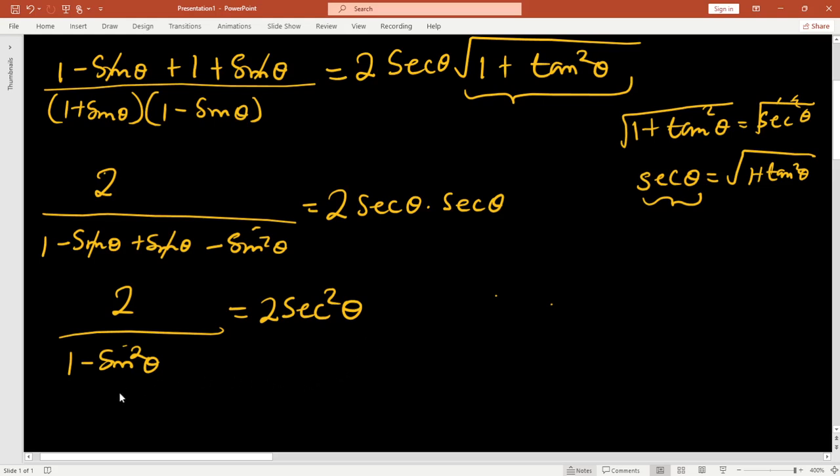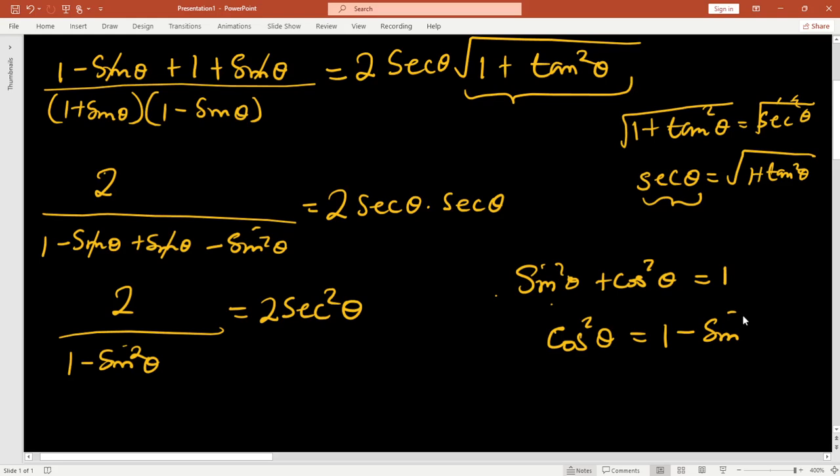Alright, so now we know from the Pythagorean identity that sine squared theta plus cos squared theta equals 1. If we shift the sine function to the other side of the equal sign, we're going to have cos squared theta is equal to 1 minus sine squared theta.